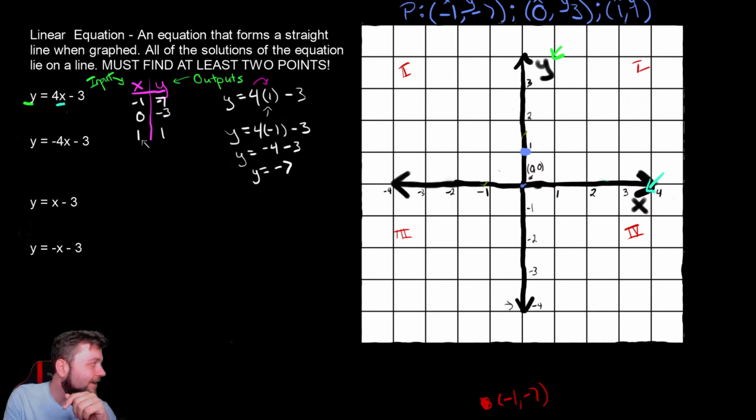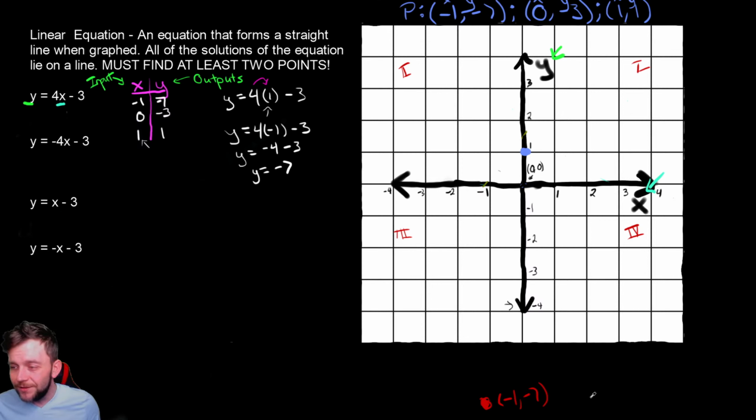This is not one of the points that we're graphing. Then our last point is 1, 1. I think I've misread all different types of things.